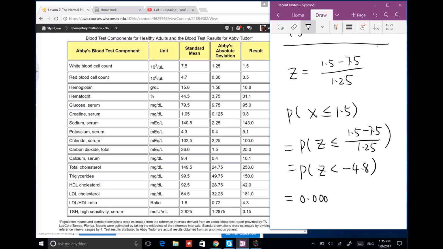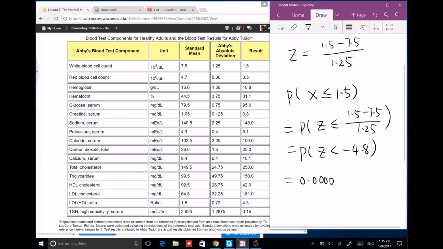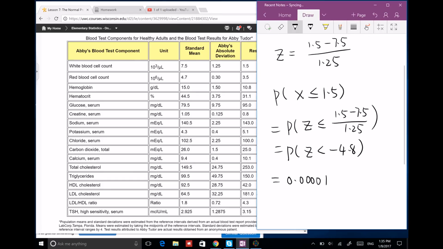Okay, z is negative 4.8, so it's going to be a very small number. It means only very few people will have a white blood cell count below 1.5.